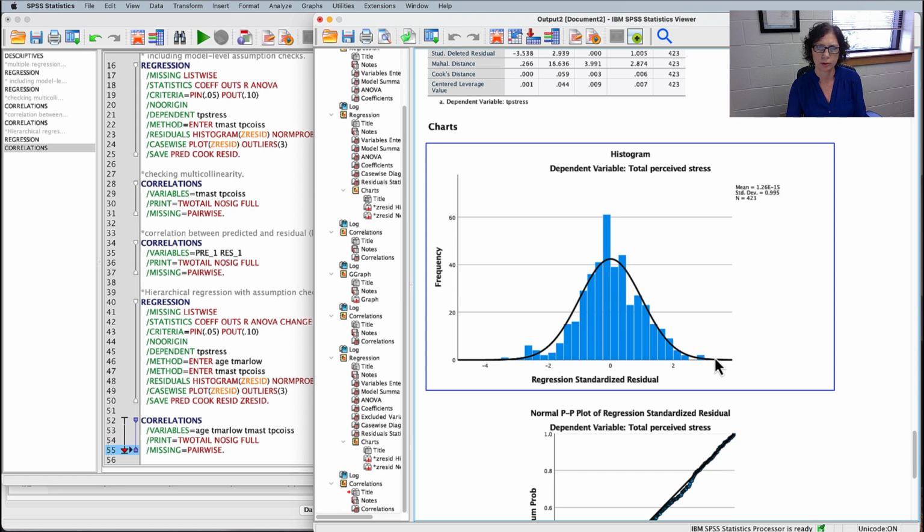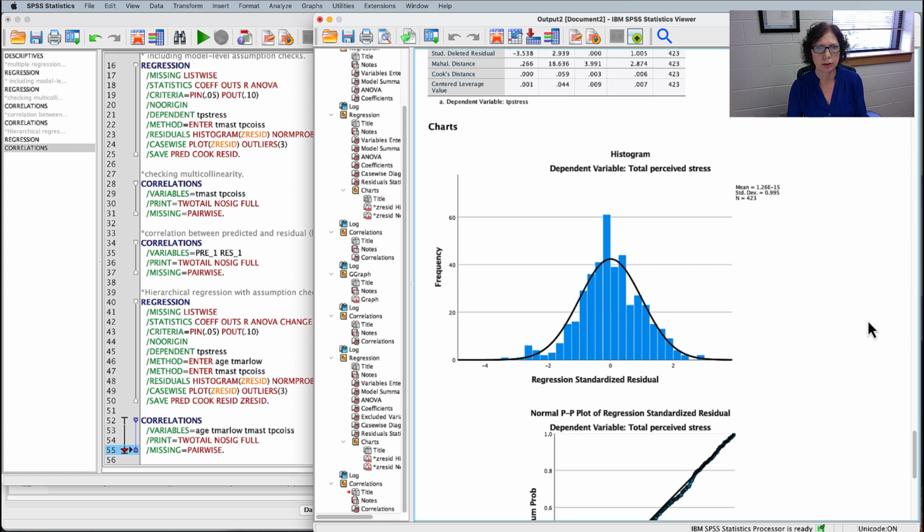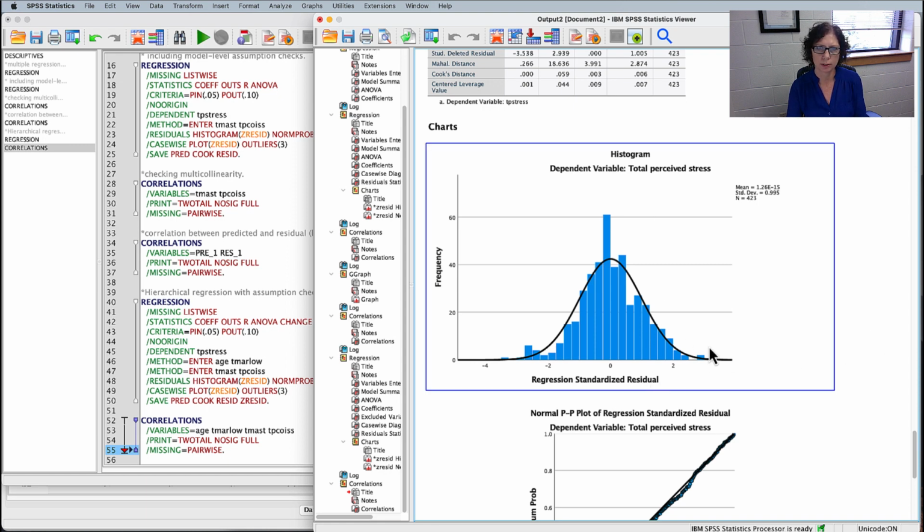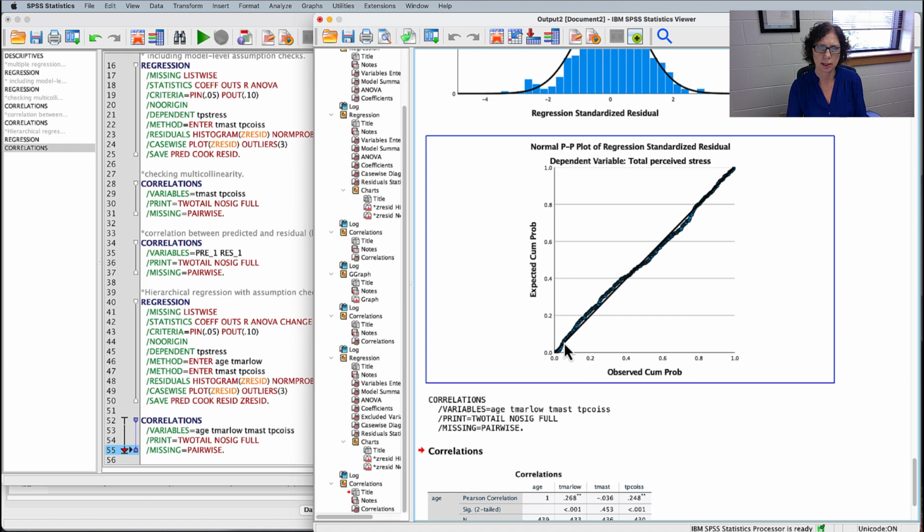So there's our visual inspection of the histogram for the residuals, as well as the normal PP plot. How well do you feel those expected residuals are lining up on the line?